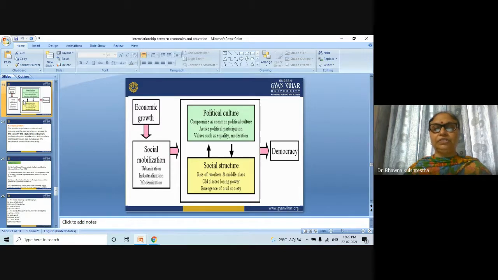And these are the social structure changes like the rise of workers and the middle class, old classes losing power, and the emergence of civil society. All of these are democracy.